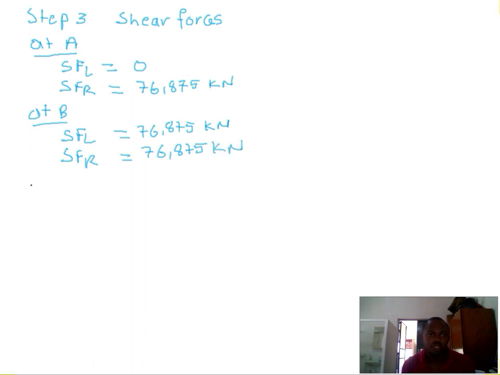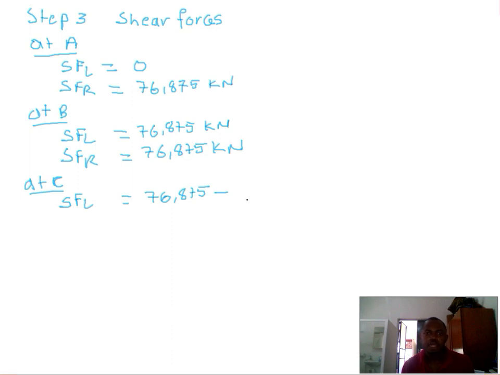Now the shear force at C. At C left is equal to 76.875 minus the distributed load.